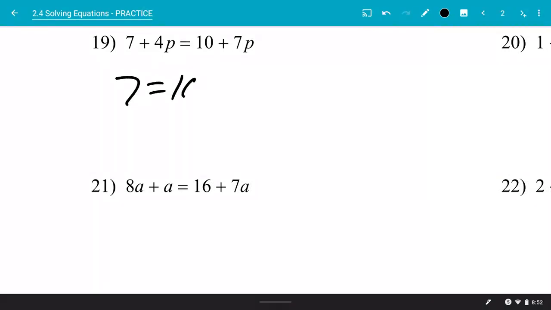Number 19. 7 equals 10 plus 3p. What'd I do? You move the 4 over to the 7. Everybody see how I moved? I subtracted 4p. Negative 3 equals 3p. What'd I do, Mr. Stein?